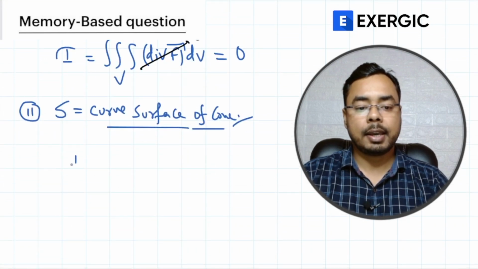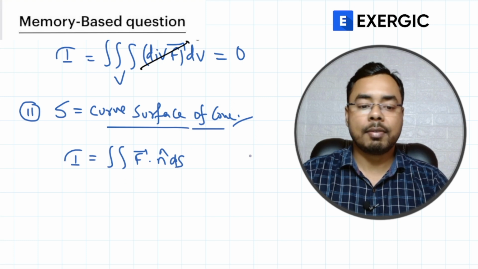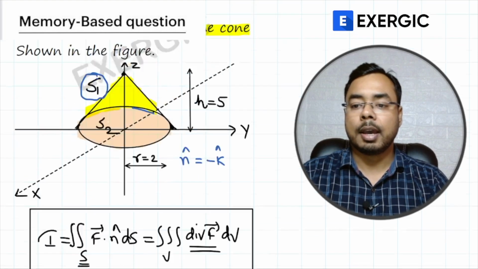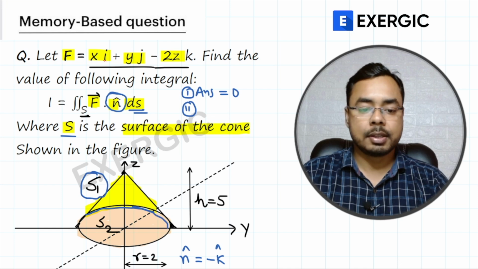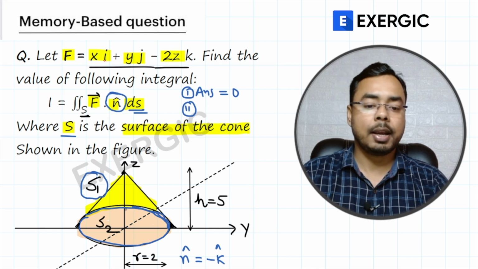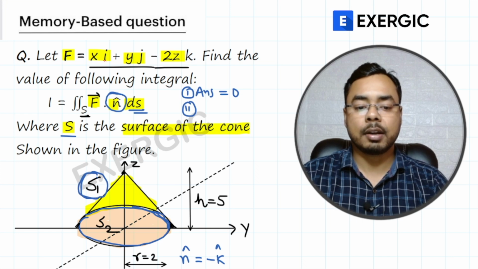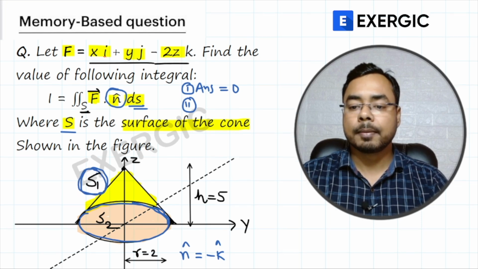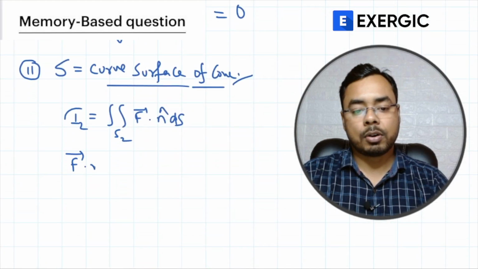Let me write this integral I as vector f dot n cap dS. And let me call this integral I2, evaluated over S2, the circular base. We will calculate the surface integral over this circular base, and we know that over the total surface the value of the surface integral is 0. Then from there, we will find the surface integral over the curved surface of the cone.